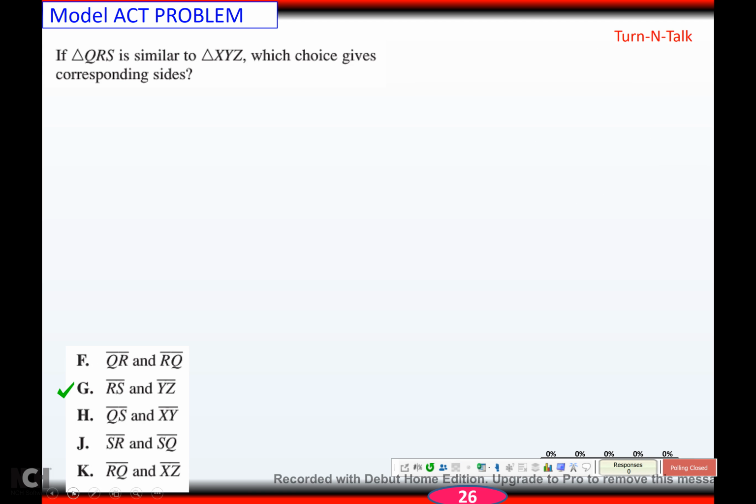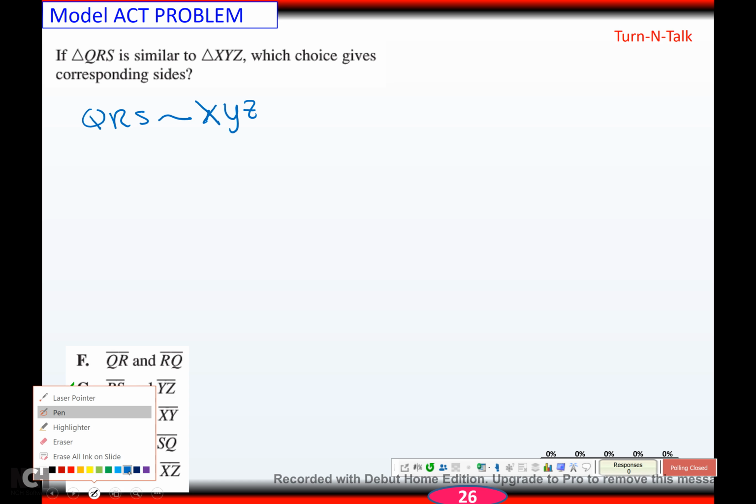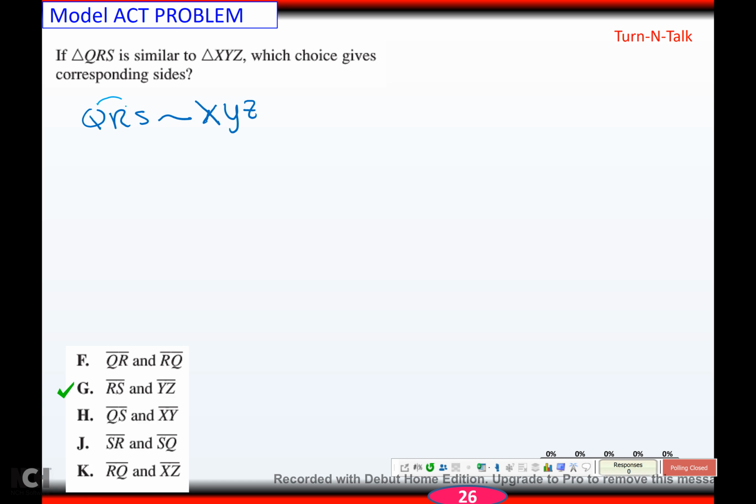And hopefully you got G. It says if QRS is similar to XYZ, which choice gives corresponding sides? Alright, for F, I'm just going to write QRS similar to XYZ. All you have to do is check the order of whatever they're giving you. So QR would be here, and RQ would be here. Well, that's silly because those are the same side.